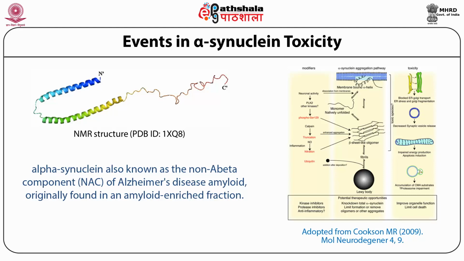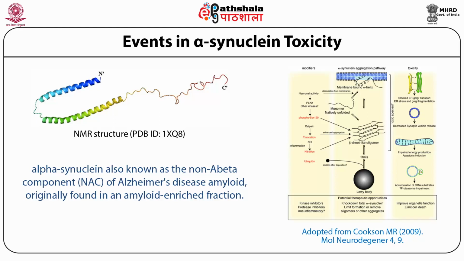Once it is phosphorylated at serine 129, it slowly starts forming small beta sheet-like oligomers, and it starts to form fiber structures. These fibers form a Lewy body, and this is what actually hampers the function of the neurons.